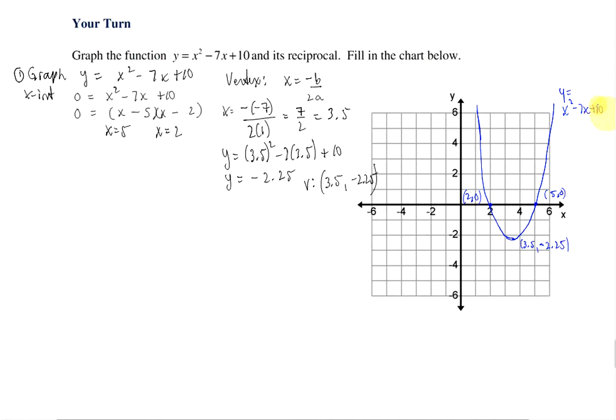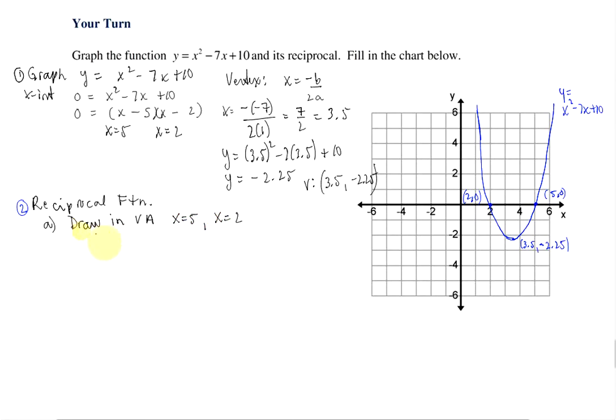Alright, so now we're going to draw the reciprocal function. So we will start with the vertical and horizontal asymptotes. Our vertical asymptotes are at the x-intercepts of our original function, so that is where x equals 5 and x equals 2.